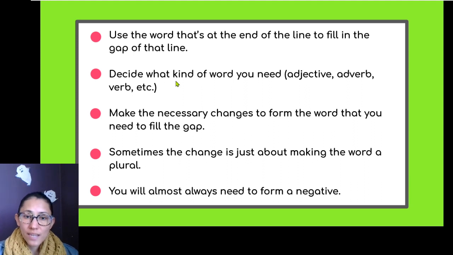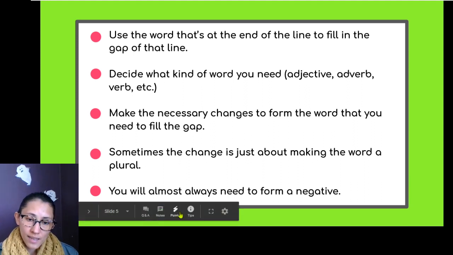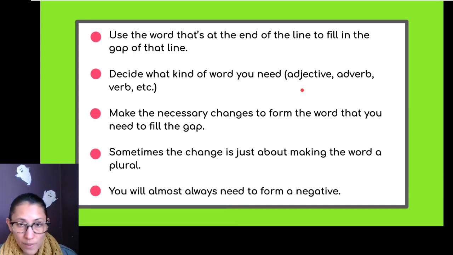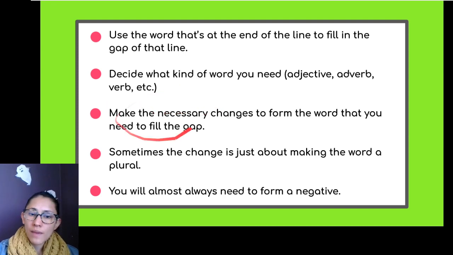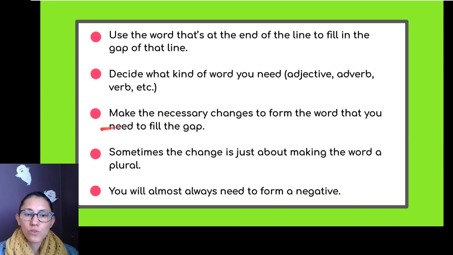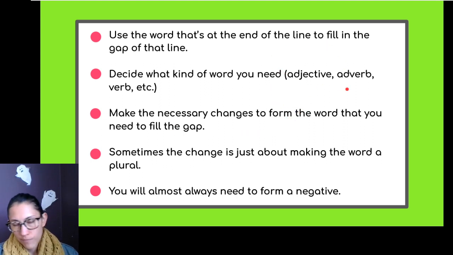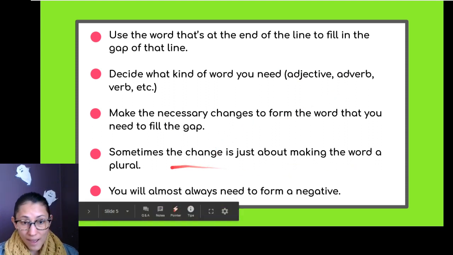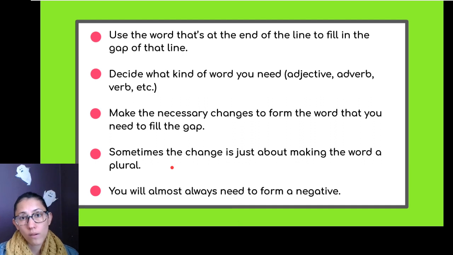So you need to decide what kind of word you need, whether it's an adjective, an adverb, a verb or a noun, or if it has to be negative. You need to make the necessary changes to form the word that fills the gap. Some of those changes are about these parts of speech, but others might be about just making the word plural, so you also need to be aware of that.